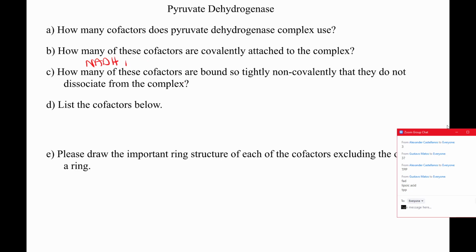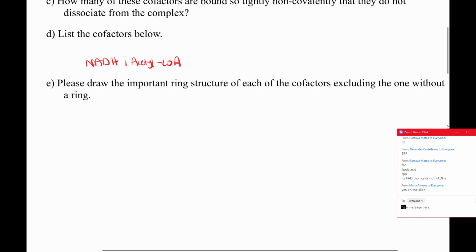You guys want me to pull up the slide? Yeah, it will be FAD. Yes, sorry about that. If you look at the slide, you'll notice that NADH dissociates, right? Acetyl-CoA. So that mechanism is the answer to question number G.